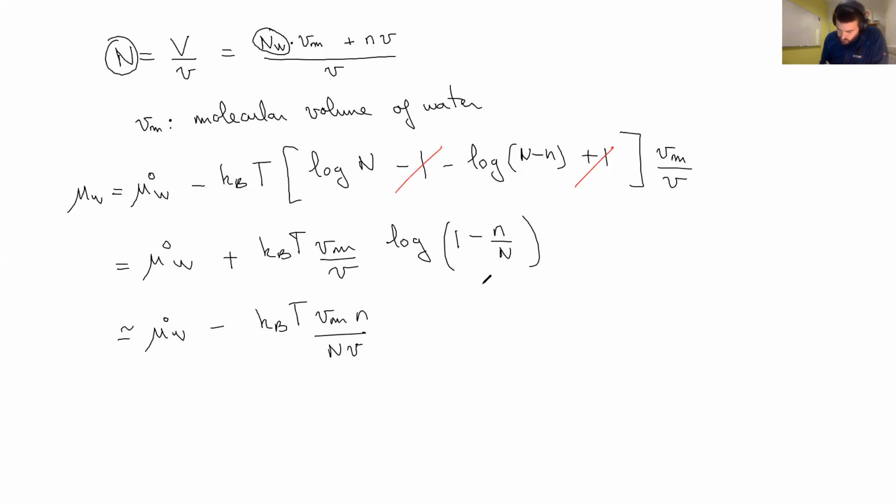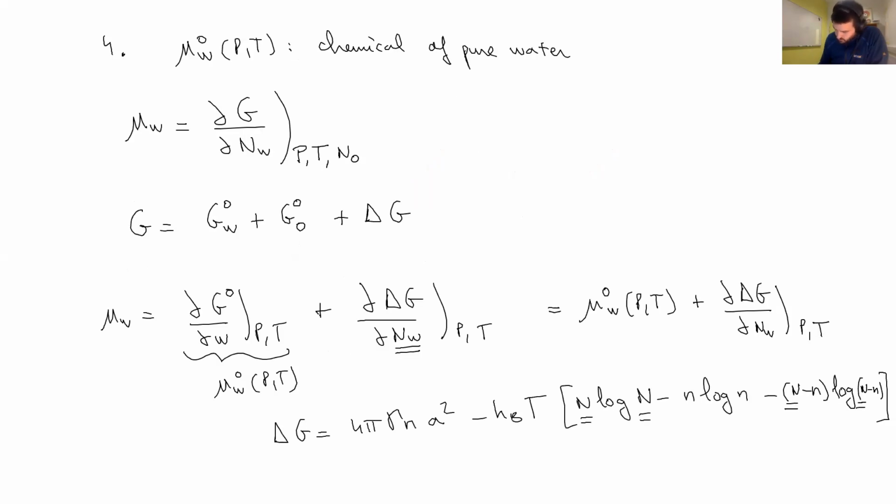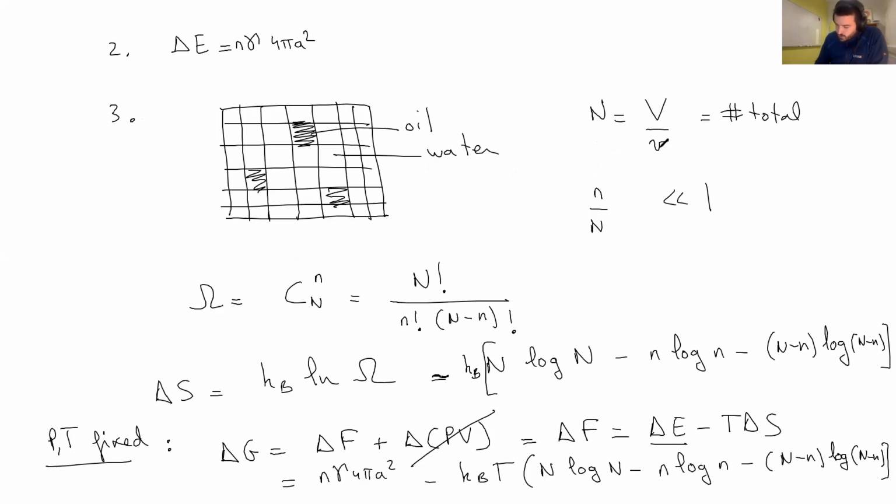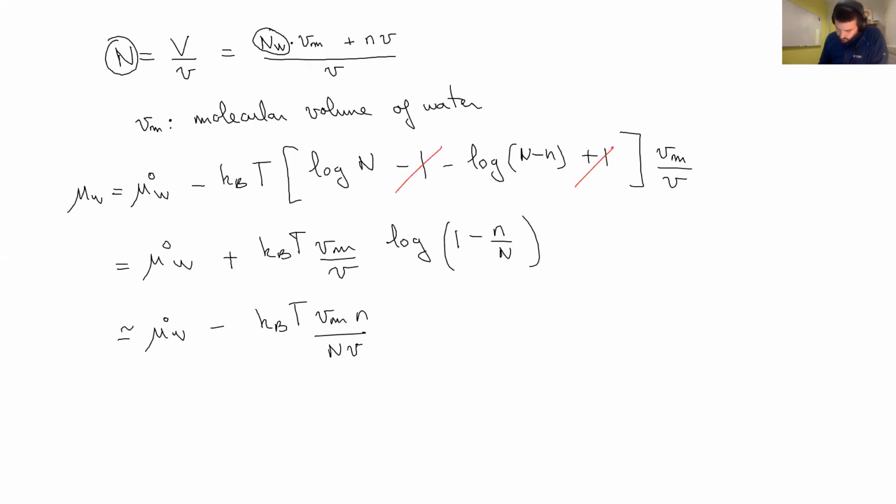Finally, we have a connection between N and the total volume. So N, let me find it here. N is capital V over small v. So this is equal to Vm times C, where C is the concentration of droplets.